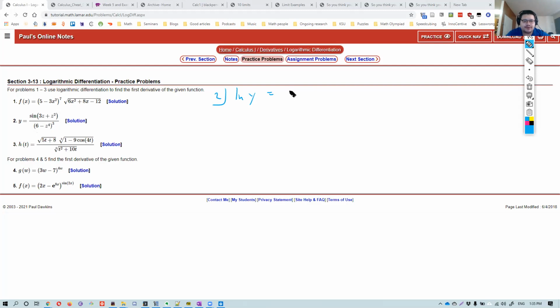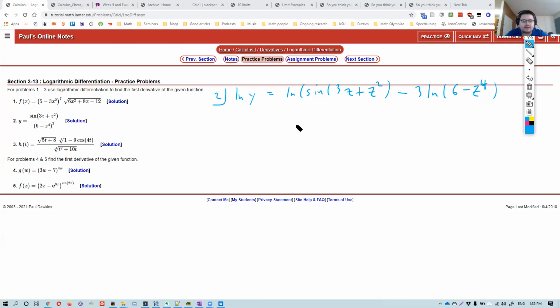So start by taking the log of both sides, and then you get ln of the function: ln of sine of 3z plus z squared, minus 3 ln of 6 minus z to the fourth.